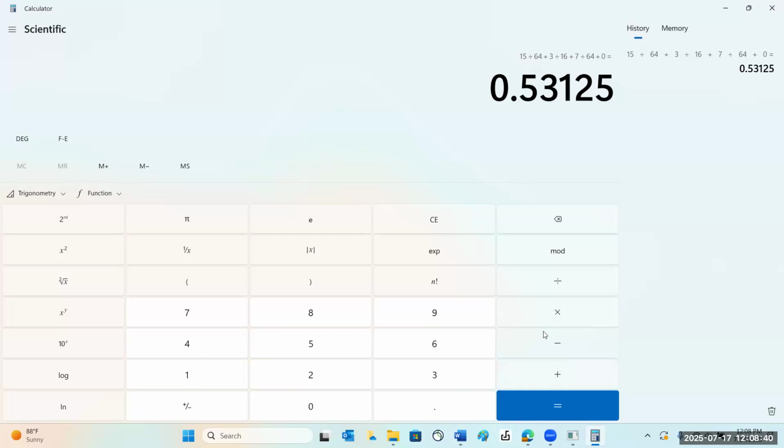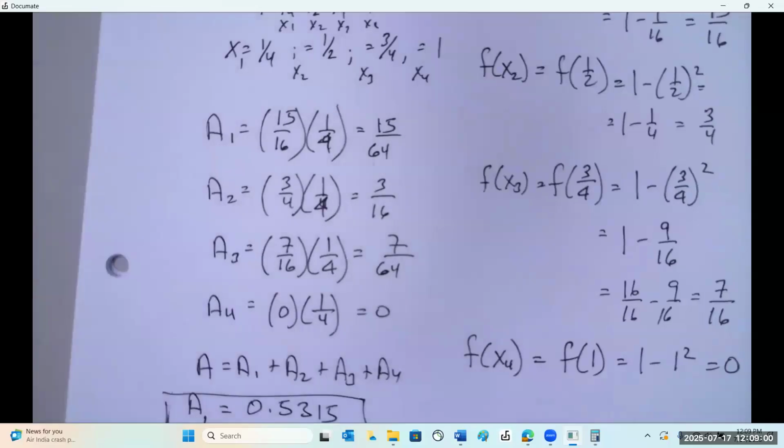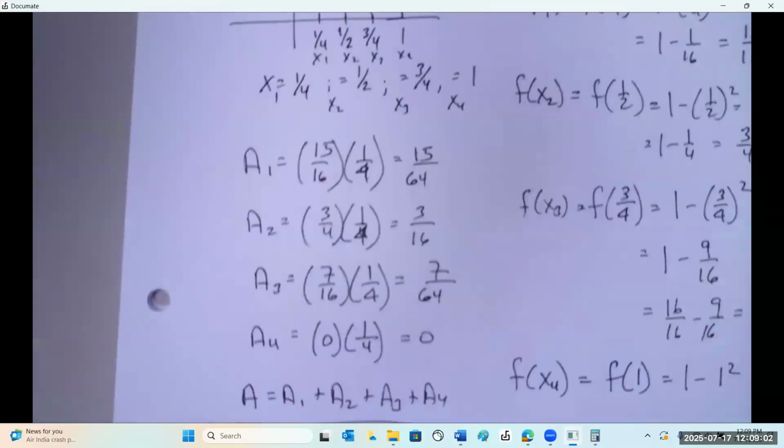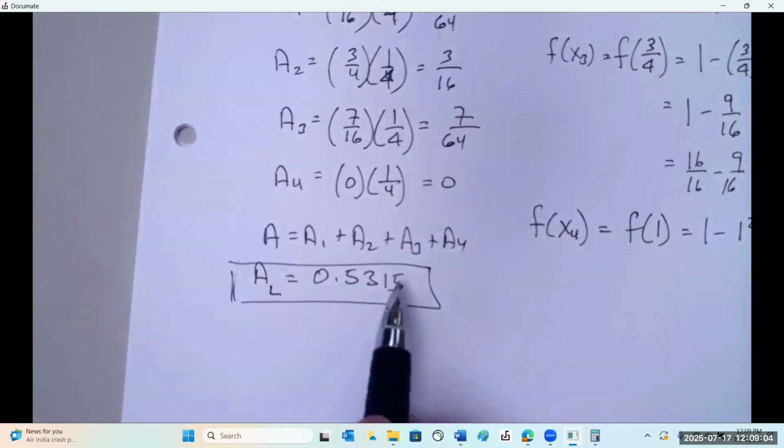So the area of A1 plus A2 plus A3 plus A4 is 0.5315. That gives us our lower sum.